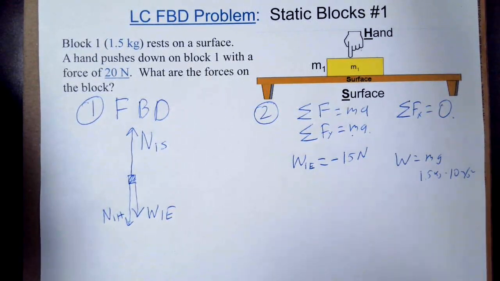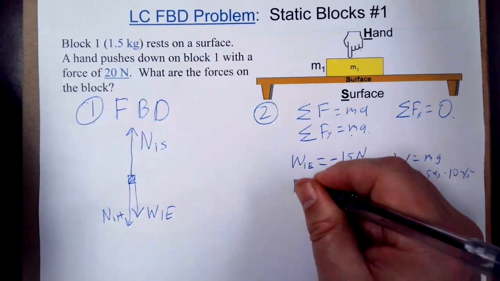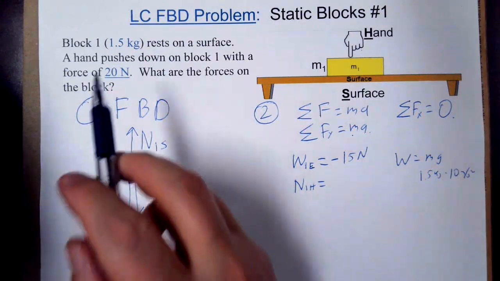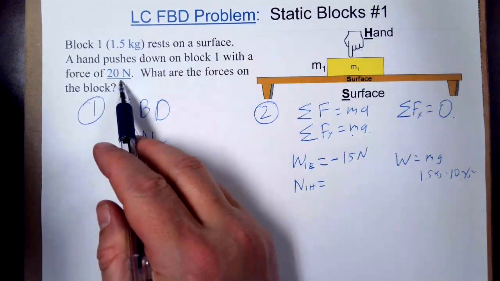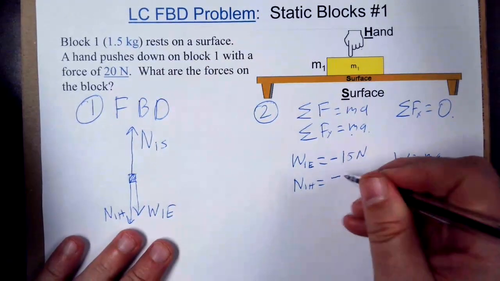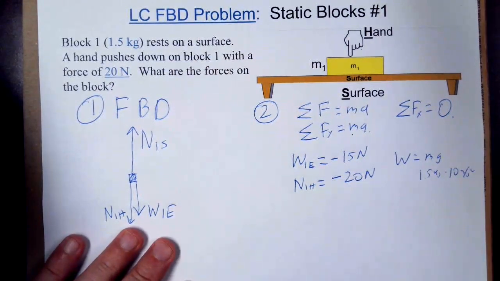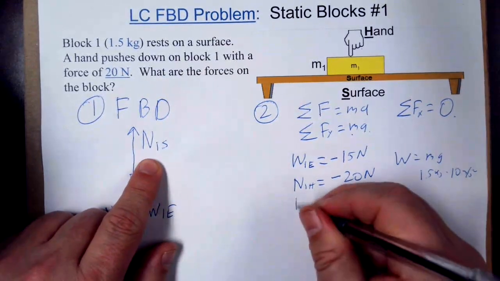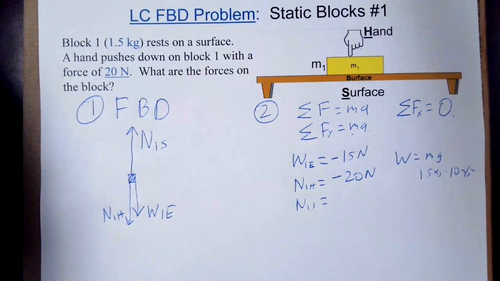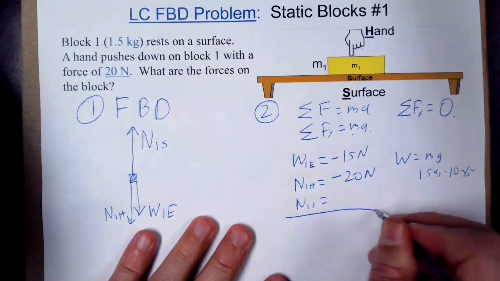So the value here is going to be negative to indicate that the weight force is pointing down. Next we have the normal force by the hand. We're told it's 20 newtons and it is pushing down, so this is also going to be negative 20 newtons. And then our last force is the normal 1s force, and for the moment, we don't know the value of this.